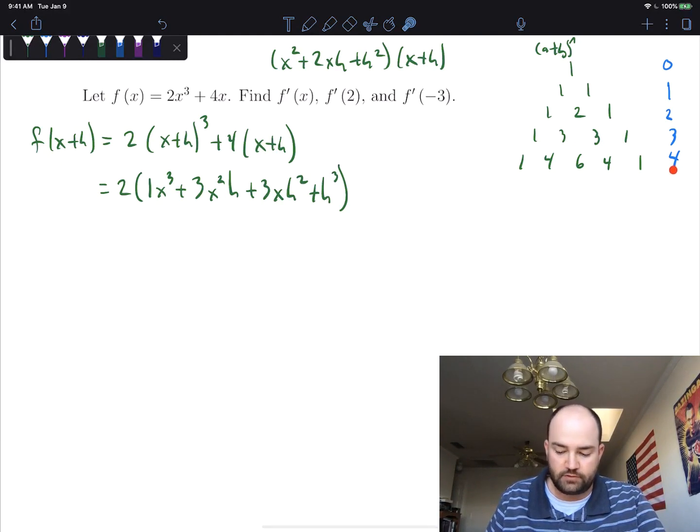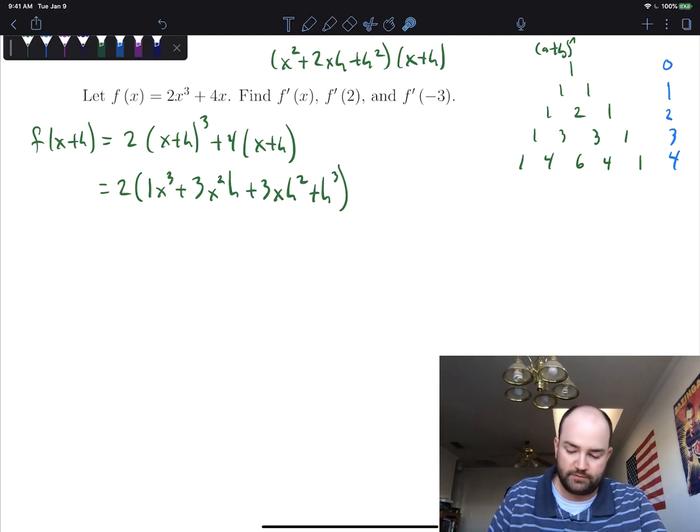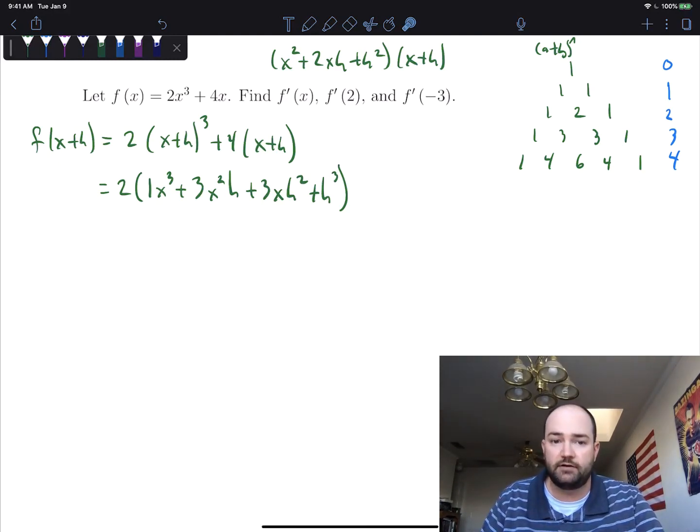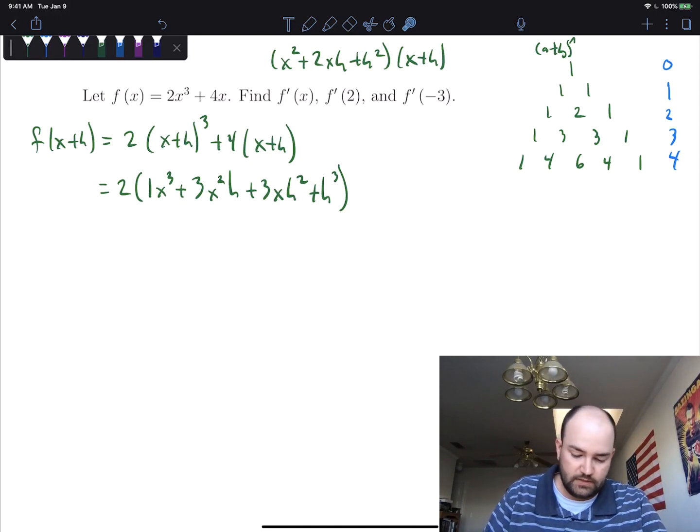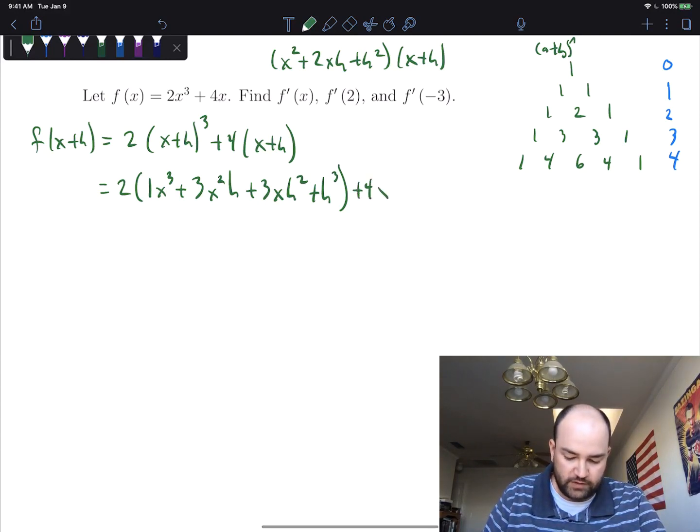So to the 4th degree, it would have been x to the 4th plus 4x cubed h plus 6x squared h squared plus 4xh cubed plus h to the 4th power, and so on and so forth. And you could just keep going if you need a higher degree. Now, of course, I'm going to go back over here and distribute the 4, which gives me plus 4x plus 4h.